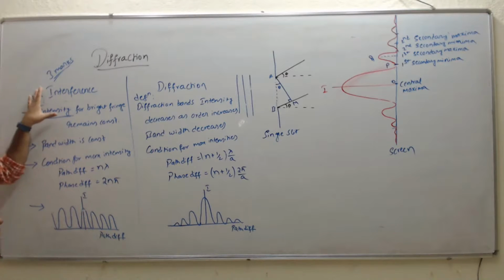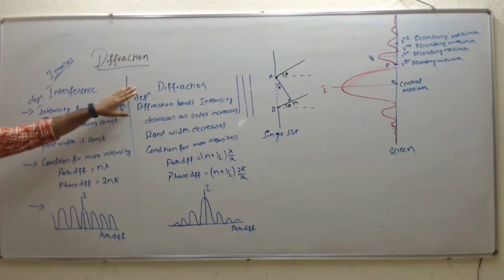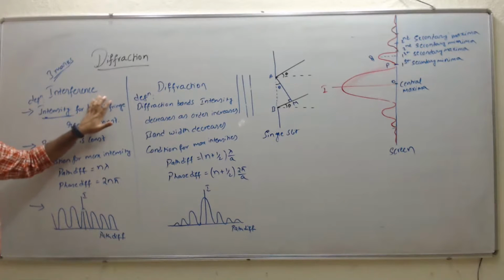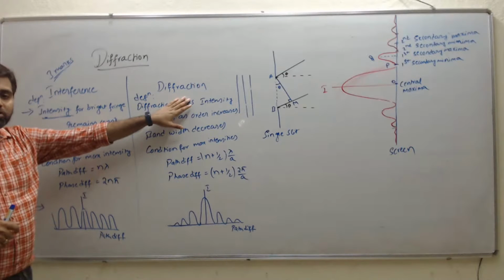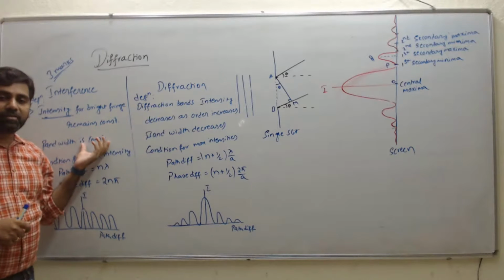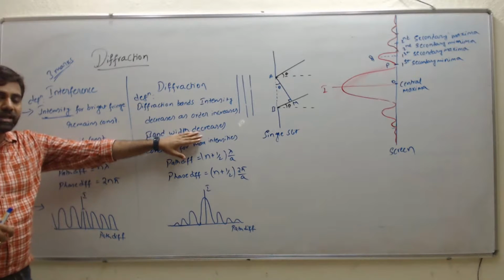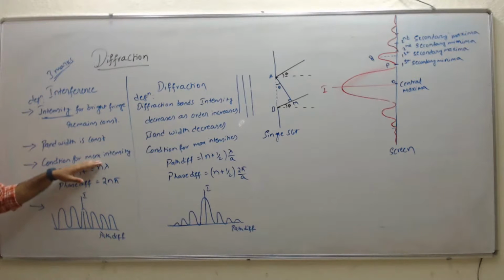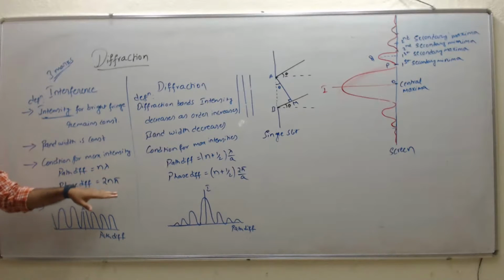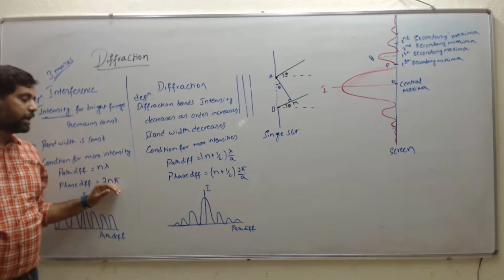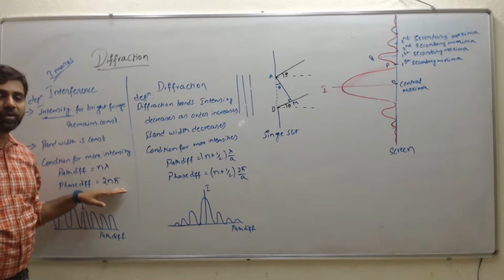This one is important: the difference between interference and diffraction. In interference the intensity remains constant, in diffraction the intensity goes on decreasing. In interference the bandwidth remains constant, in diffraction the bandwidth decreases. Next, the condition for maximum intensity is n lambda in terms of path difference and 2n pi in terms of phase difference.